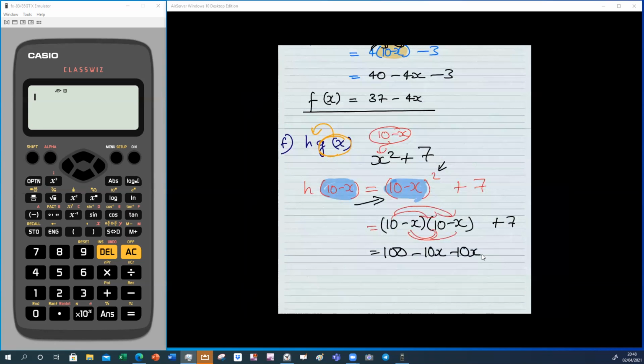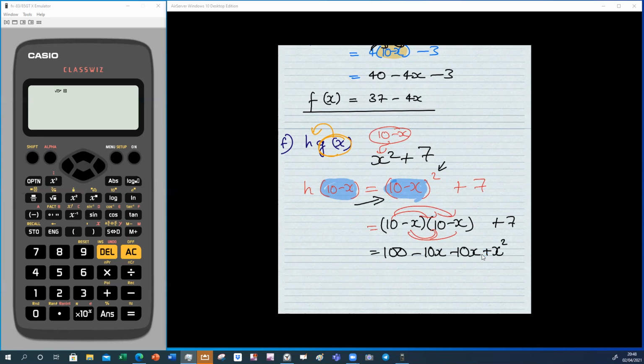Then plus 2x? Remember, minus x times by minus x won't be 2x. You're not adding them together, you're multiplying them. You're multiplying out the brackets. Minus times by minus gives you plus, and x times by x gives you x squared.